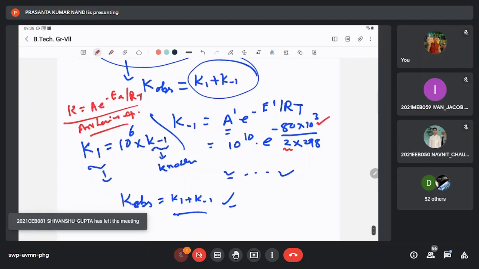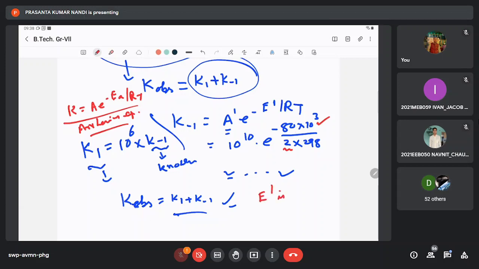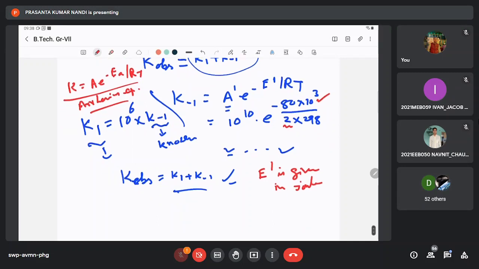But if it is given, say, in joule, suppose E1 is given in joule, then what should be the value of R one can use? 8.314.